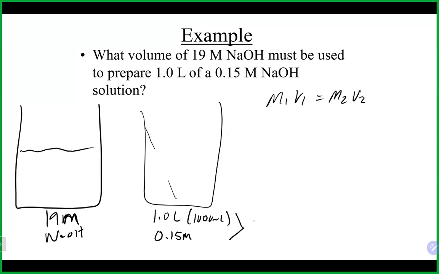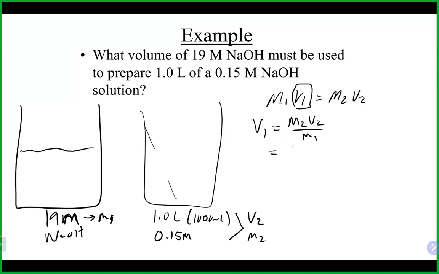These guys are typically after dilution, so this would be our M2V2. This would be our M1, which means we're looking for V1 here. It's the only thing that we don't have. So V1 here would be M2V2 over M1, dividing the M1 to the other side.